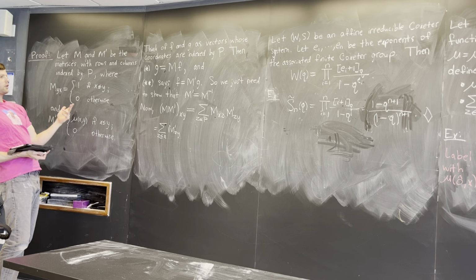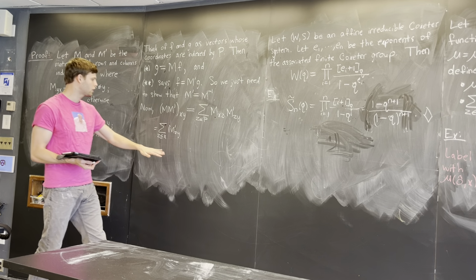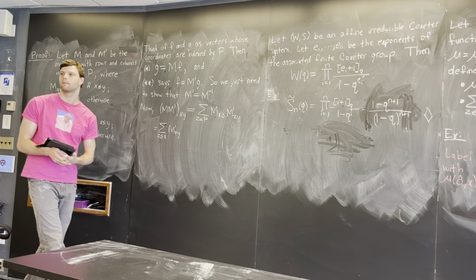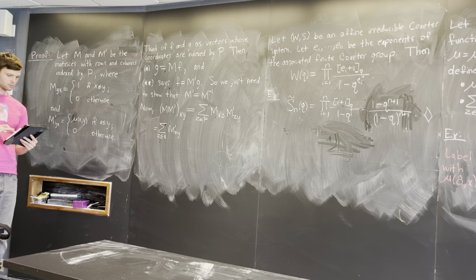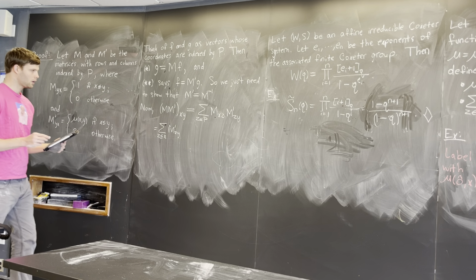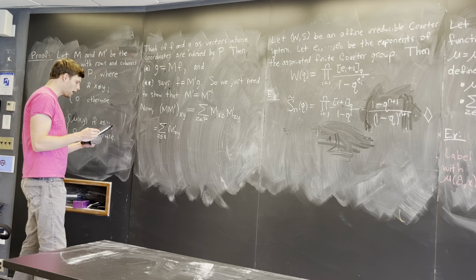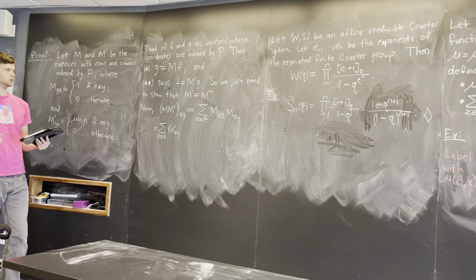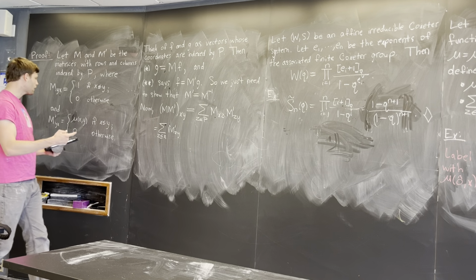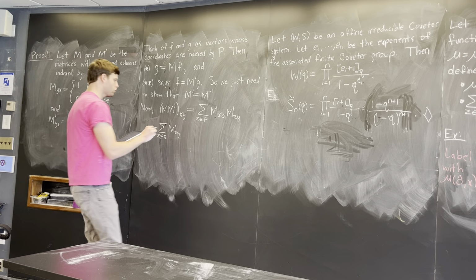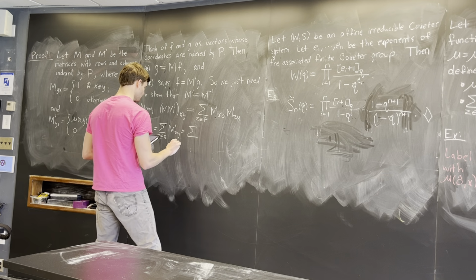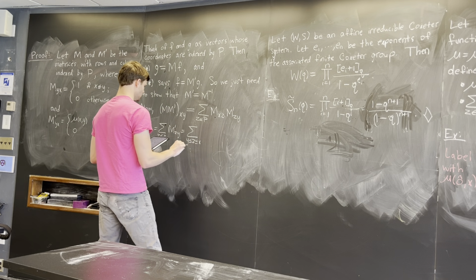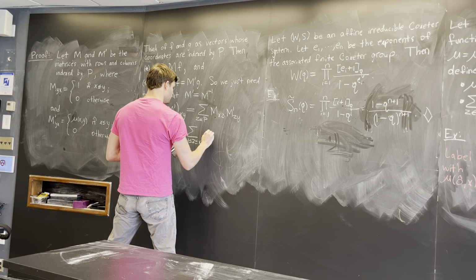And when it's non-zero, it's just giving me 1, so I'm just summing over all z less than or equal to x of 1 times M prime sub zy. And what is M prime sub zy? Well, that's going to be 0 unless y is less than or equal to z. And if y is less than or equal to z, then I get this Mobius value. So this should be the sum over y less than or equal to z less than or equal to x of mu of yz.